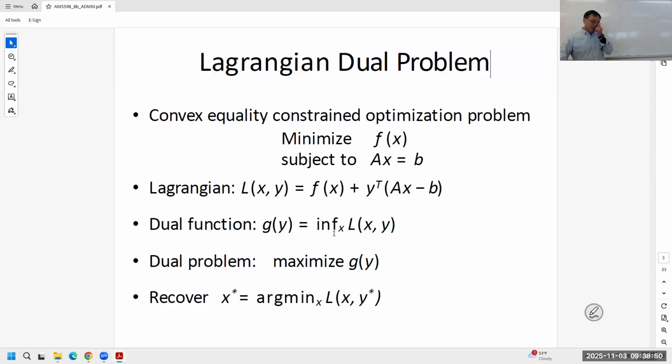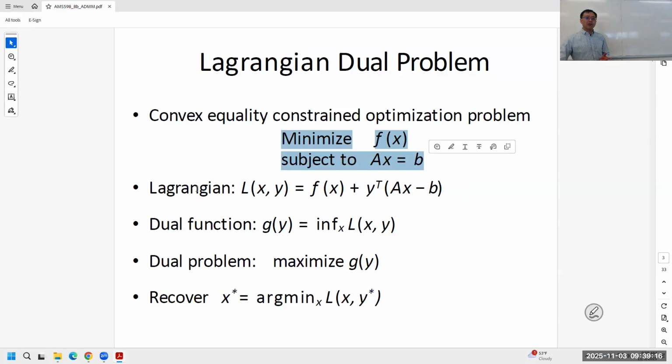Let me just state the results in the slides, and like I said, I will go through the details later. If we can solve this dual problem, by maximizing this dual function... remember what our Lagrangian problem is? We try to minimize f(x) subject to Ax equal to b, and then we convert it to a Lagrangian function.